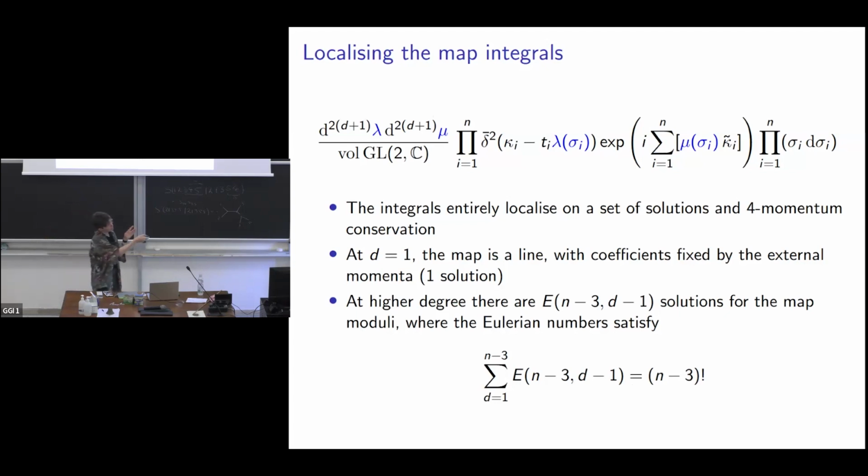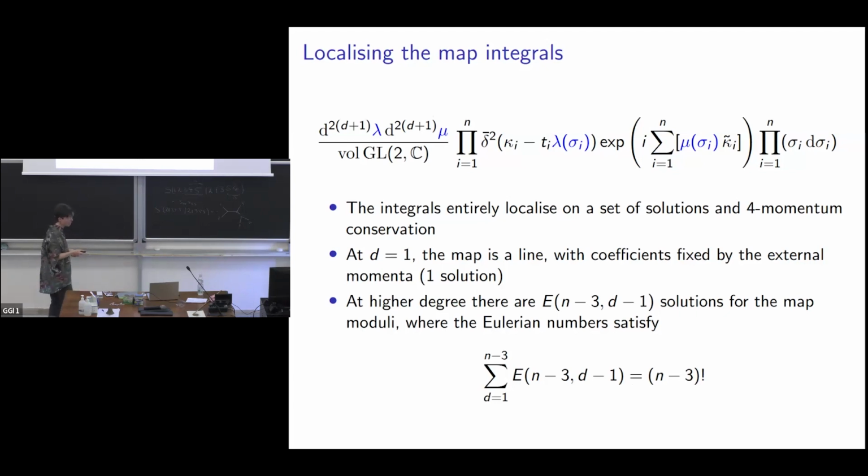One way to see this is that we have these 2d plus 1 moduli in mu, which appear here in this exponential. So if we do this integral, we pick up 2d plus 2 delta functions, which then localize all of the other integrals up to 4 delta functions.